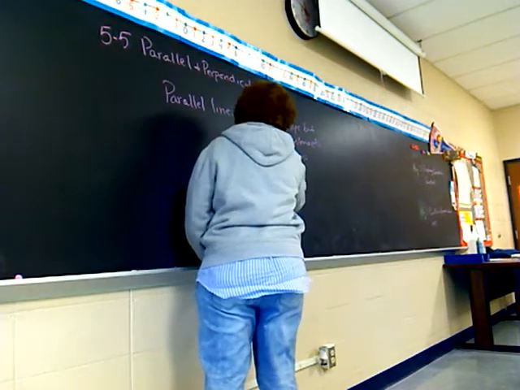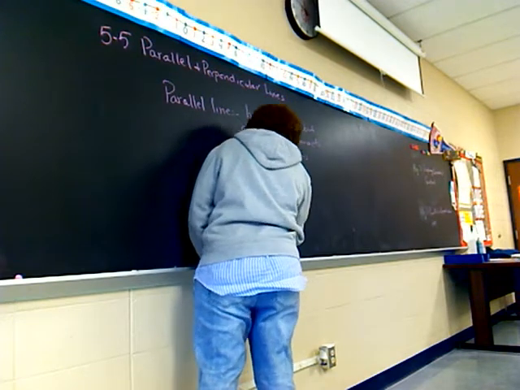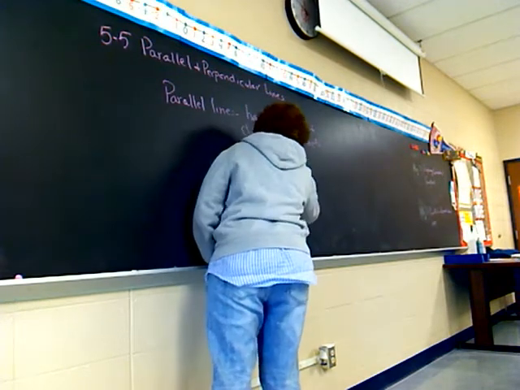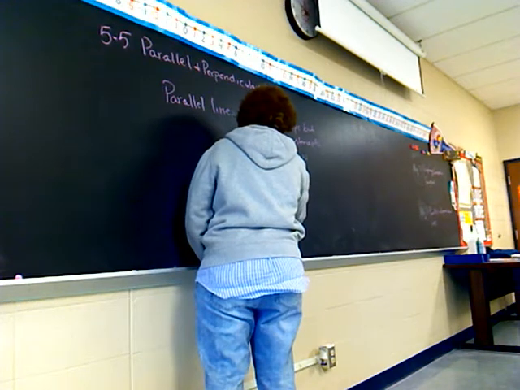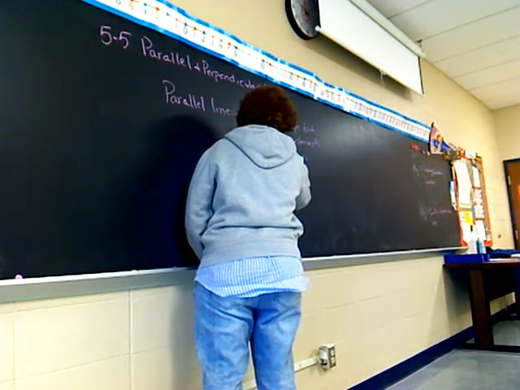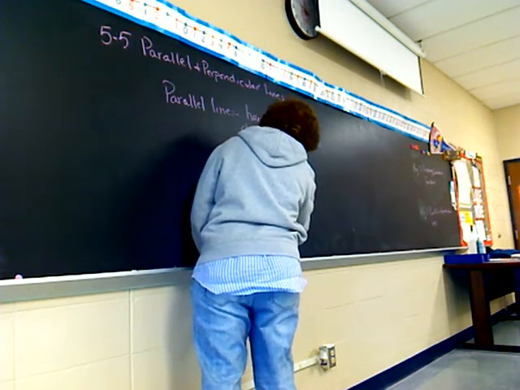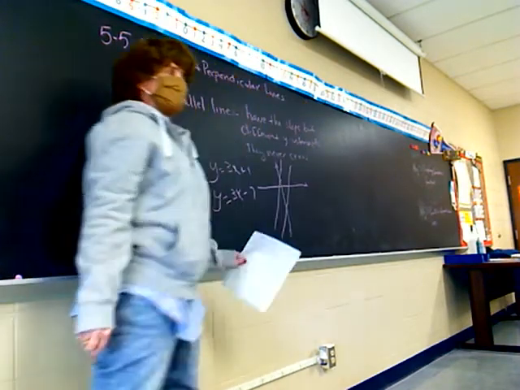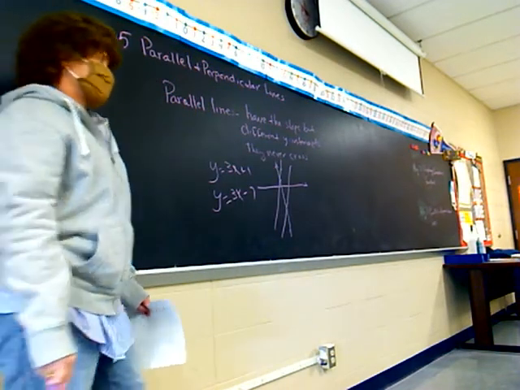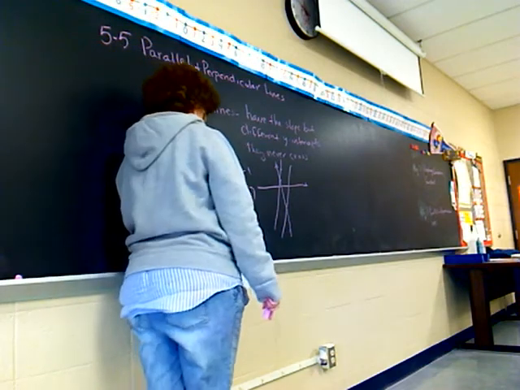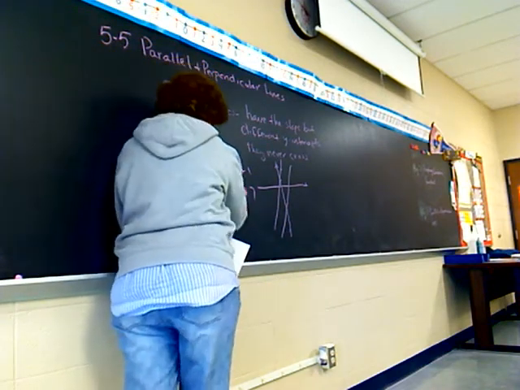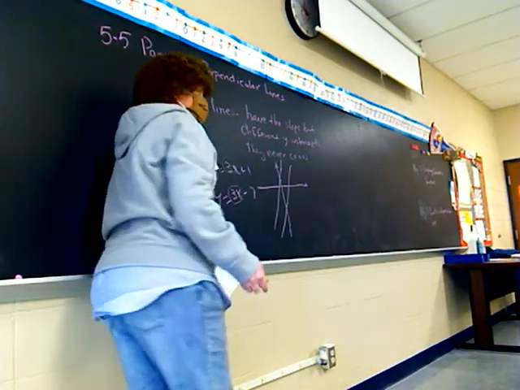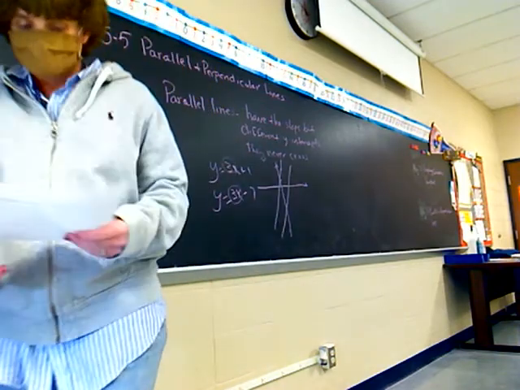Very roughly, they look like this. They would never cross. The thing you have to remember for today's lesson is same slopes with different y-intercepts. You're going to need that information.